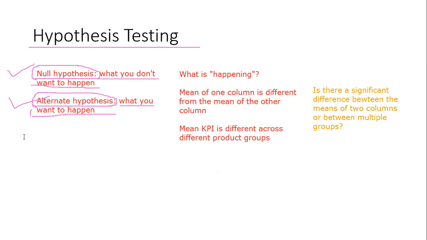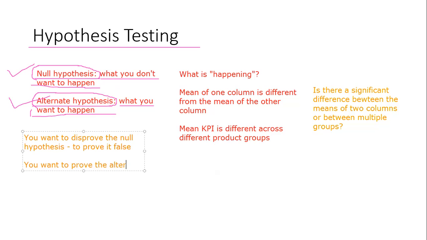And after that, what you need to do is that you want to disprove the null hypothesis. Obviously, that is not what I want. I want null hypothesis to prove it false. And you want to prove the alternate hypothesis. That is, you want to prove it true.